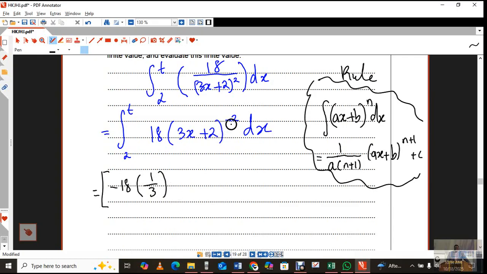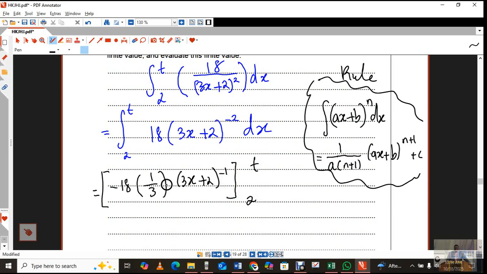I'm going to add 1 to the power: if you add 1 to negative 2, you get negative 1, and you divide by that new power, which is why there is negative 18 all over 3. Then you multiply by (3x plus 2) raised to the power of negative 1, the new power there, and we are going to integrate from 2 up to t.